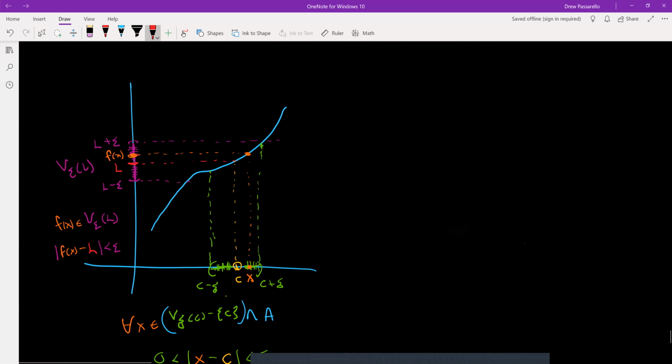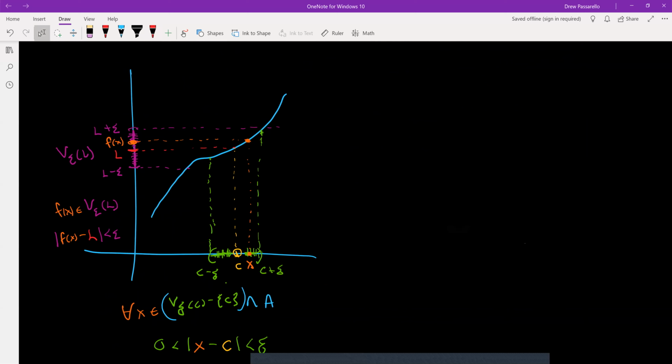So visually, this is what we're looking at here. We have all x in the intersection of set A intersecting the punctured neighborhood around C. So that's basically all of this.